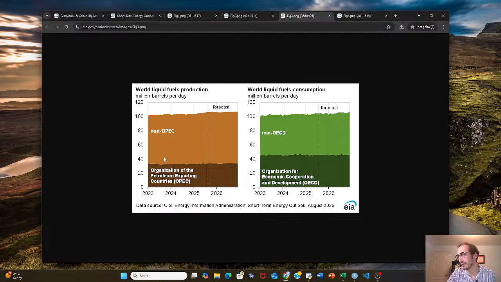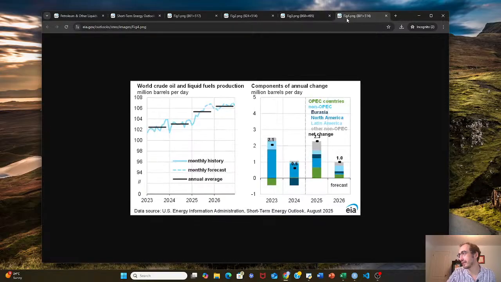Here's another chart, organized as non-OPEC versus OPEC producing. That's not so interesting.